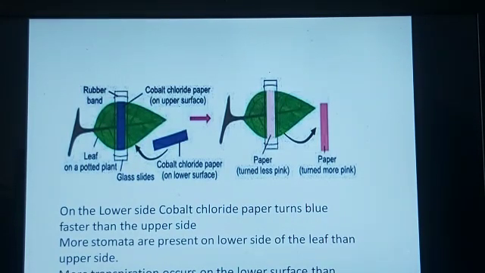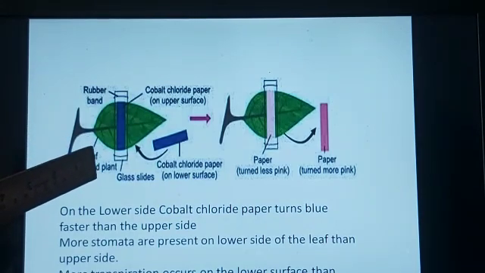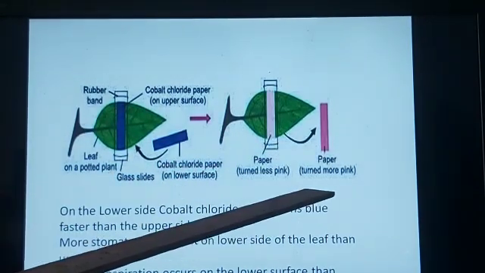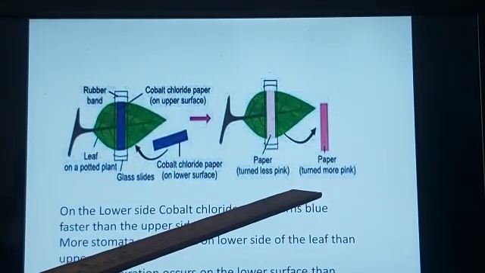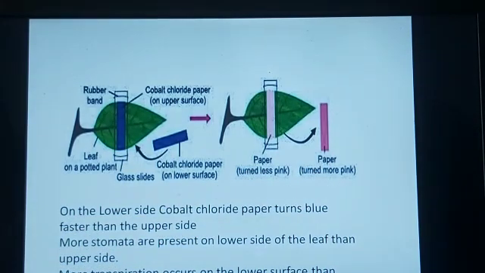After a few hours, you have to compare the cobalt chloride paper present on the upper side and lower side. After a few hours, it is observed that the cobalt chloride paper present on the under surface of the leaf turns pink more quickly than the one on the upper surface.